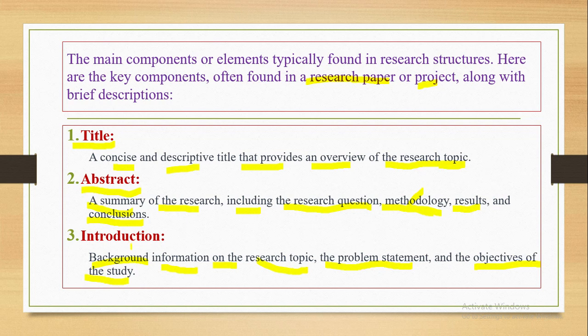Under the introduction, you should classify the topics, every topic addressed in that research. Statement of the problem, objectives of the research. Maybe the objectives are general or specific objectives. They should be included.